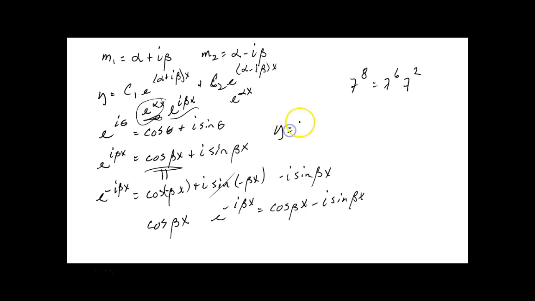y is equal to c1, a constant coefficient. Remember the e to the alpha x? That was real and it's in both of those. So that's there. Then you have a cosine beta x, and your second one is c2 e to the alpha x, still there, sine beta x.